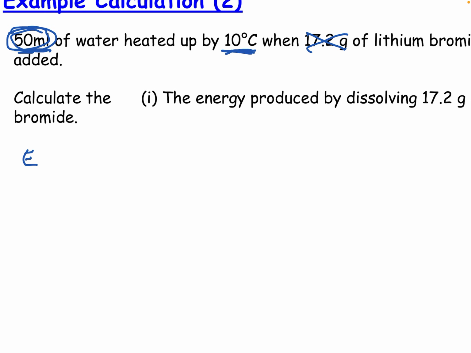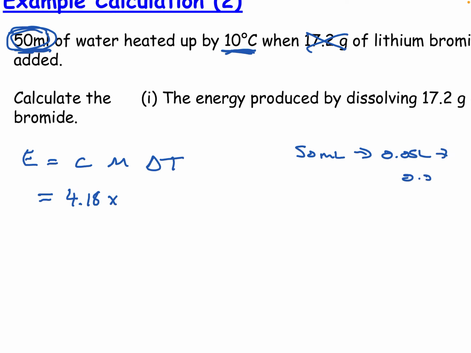So E equals Cm delta T. C is always 4.18. Mass is going to be the mass of water. That's going to be 50 mils, which is the same as 0.05 litres, which is the same as 0.05 kilograms.